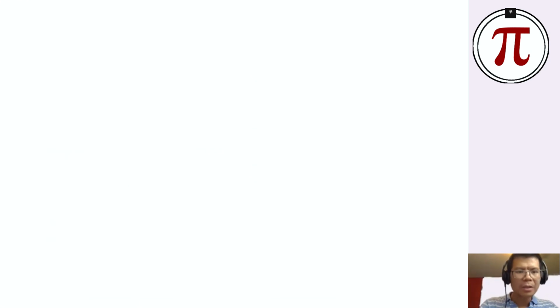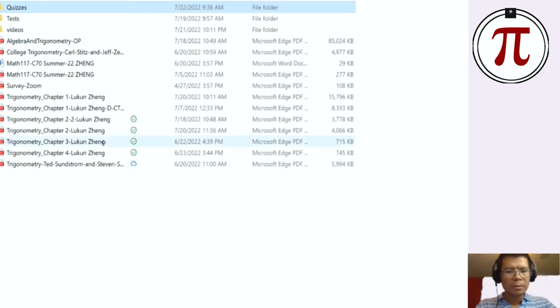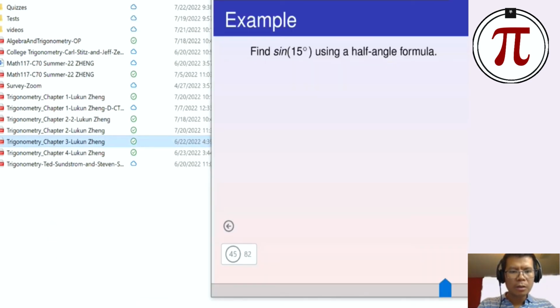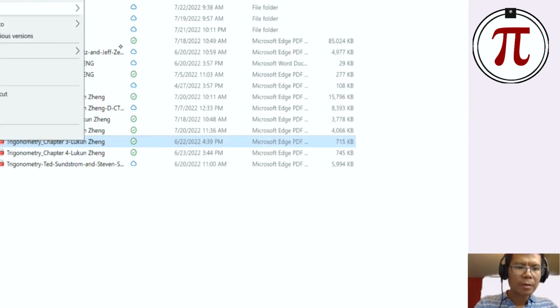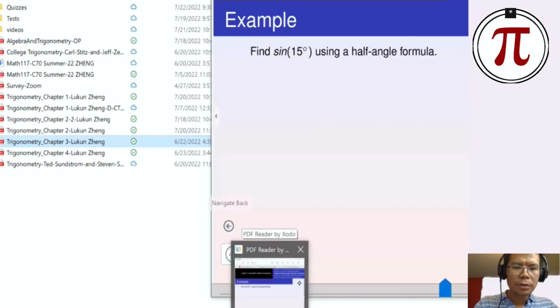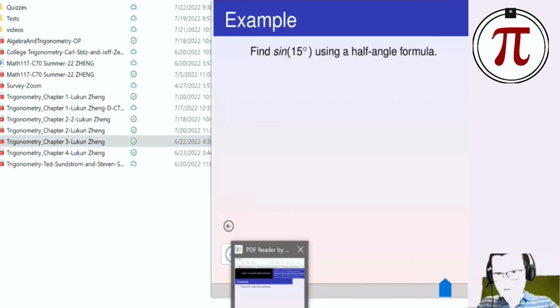Anyway. Okay, so I have this one here, section 3. Sorry for this. Oh, gosh. Horrible. Okay, I'm going to close everything.